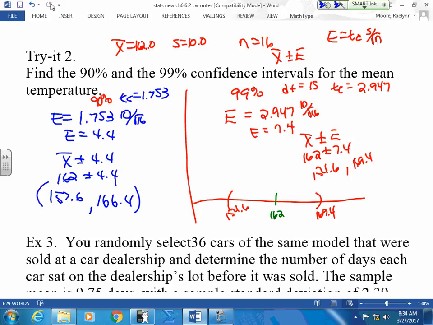Let's put this here too. Notice 157 is here and 166 is here. So let's make a conclusion here. As my level of confidence increased, what happened to my confidence interval? That increases. It widens. Good. So as I become more confident, I need a little bit more wiggle room.